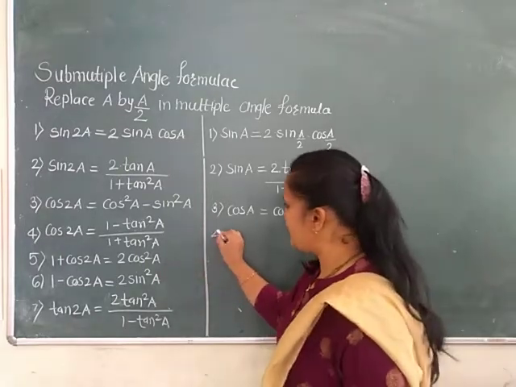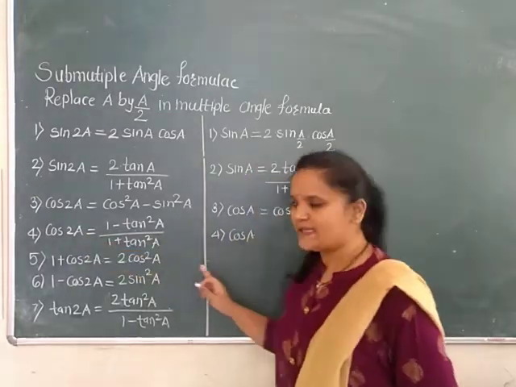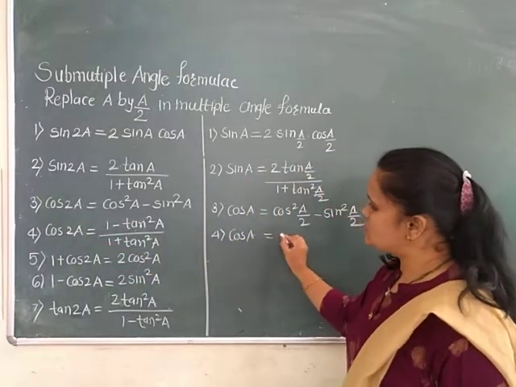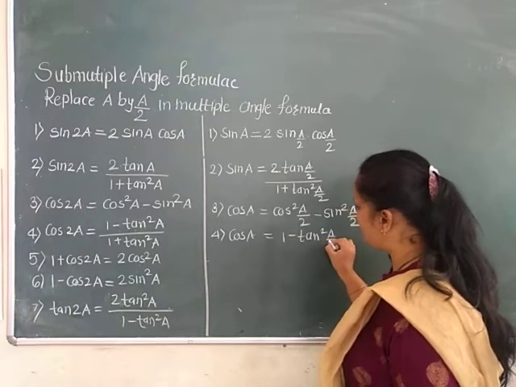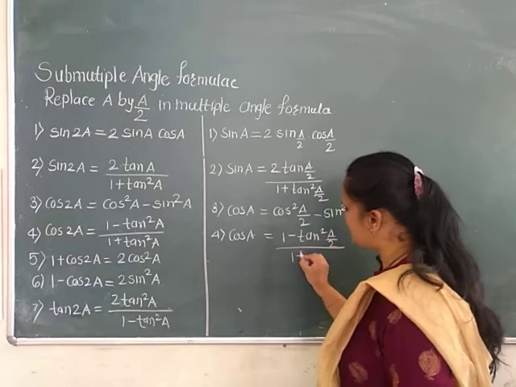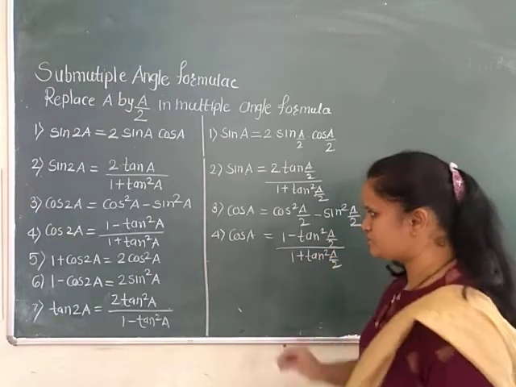Fourth one, cos a, only a instead of 2a, is equal to 1 minus tan square a by 2 upon 1 plus tan square a by 2.